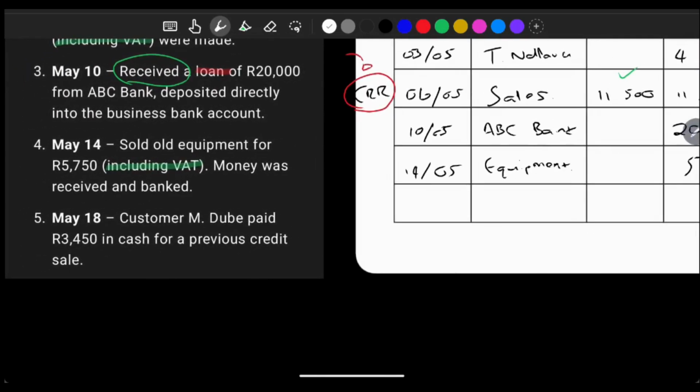Now moving on to the last transaction. May 18, customer M Dube paid 3,450 in cash for a previous credit sale, right? This is the same as the previous one from Glovo. You can pause here since you've seen the previous one, how it was done, without referring to it, without reversing the video. Just try to do it from the top of your head. Try to apply the thinking behind that, right? So firstly, date 18 May 05, the name M Dube, right?